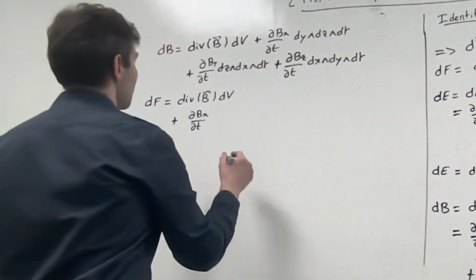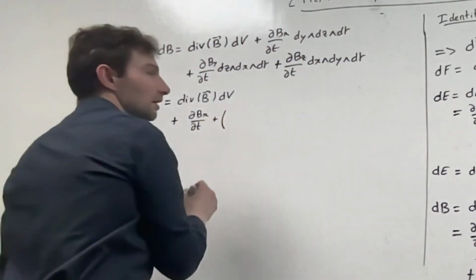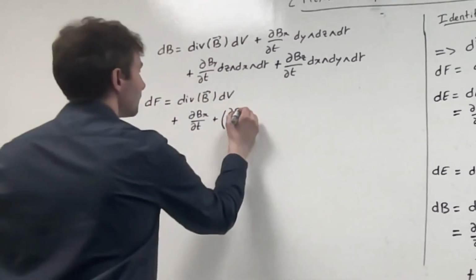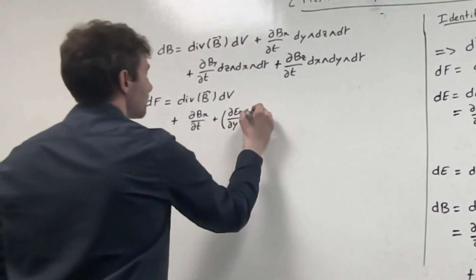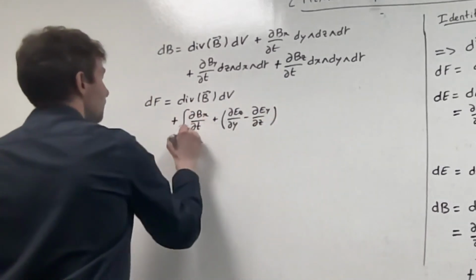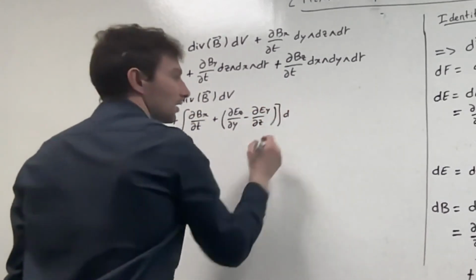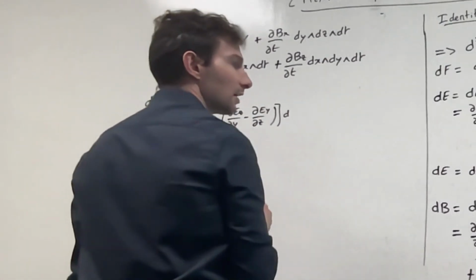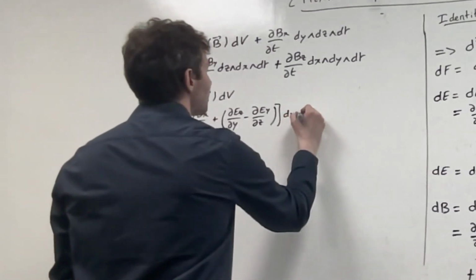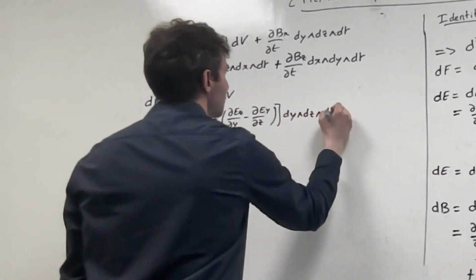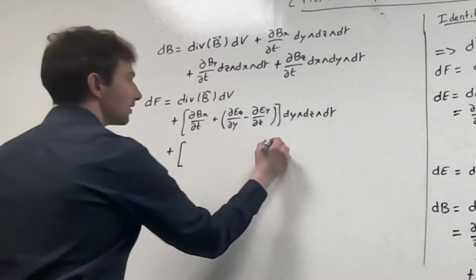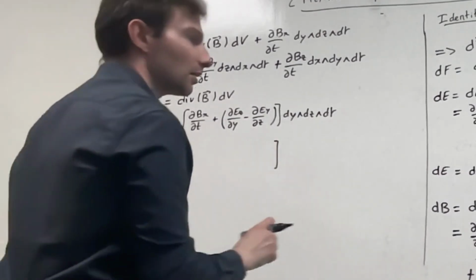So we are going to get plus, and here this is dez dy minus dey dz, and all of that is in front of dy dz, if I'm not mistaken. That's dy wedge dz, and then wedge dt. Okay, so then we continue. We are going to get here, let's put it this way.